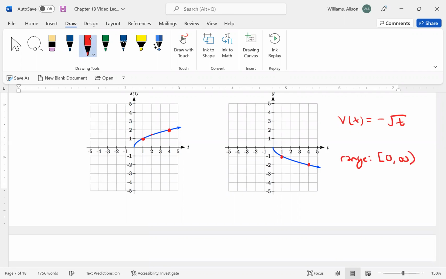It never went to the negatives, and it just keeps growing upward. But the range in the transformation is now negative infinity up to 0. So it's doing negatives instead. That's how the range changed.